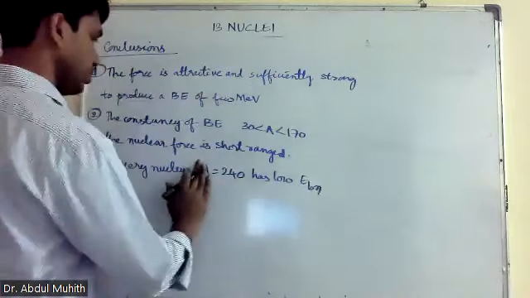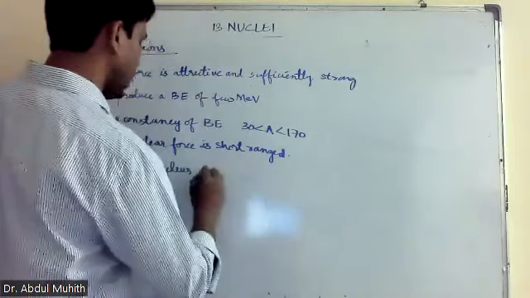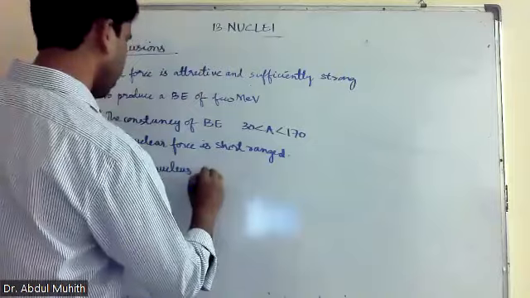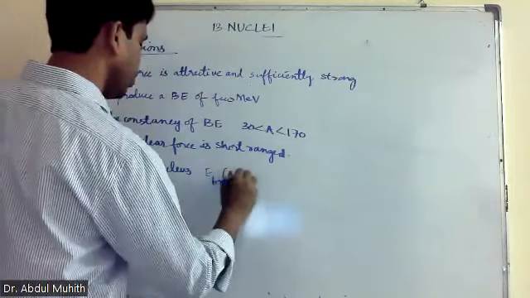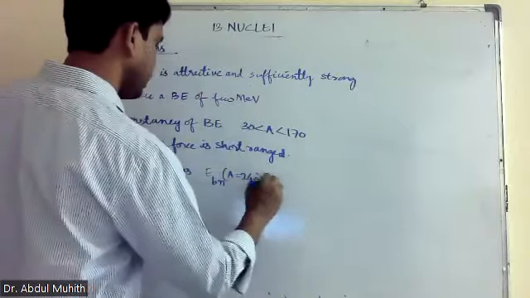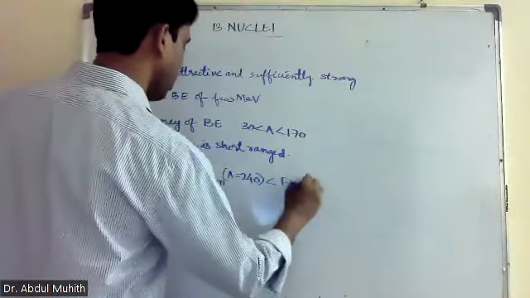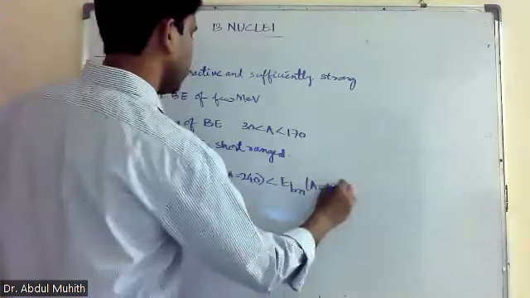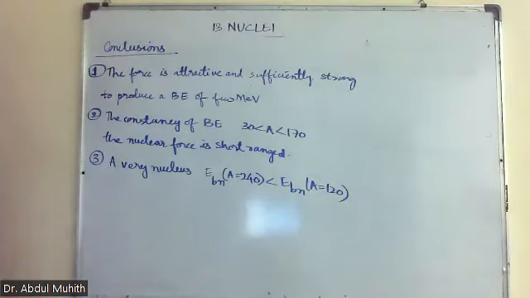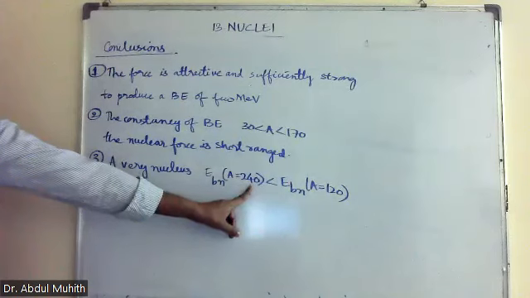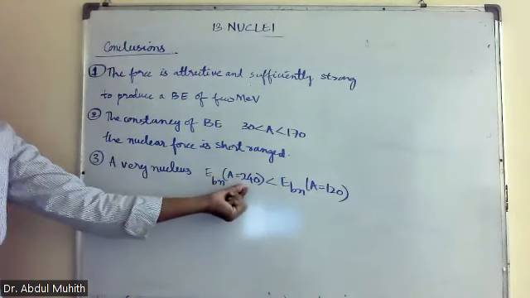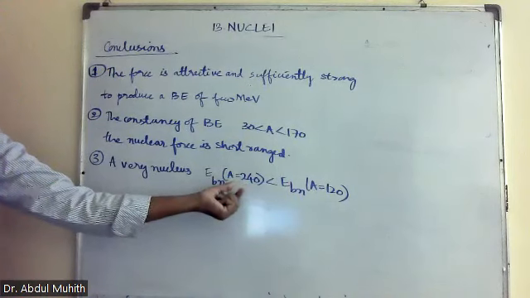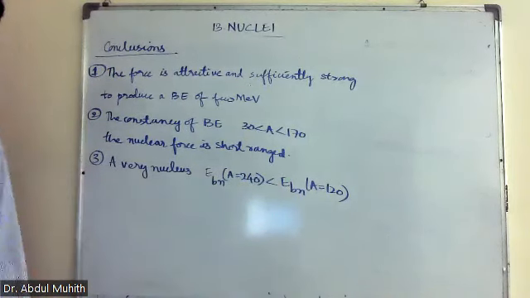I'll write in simple words: the binding energy per nucleon for A equal to 240 is less than the binding energy per nucleon for A equal to 120. Is that clear? It means that the energy required to break the nucleons in 240 is less when compared to 120. Why is it so?